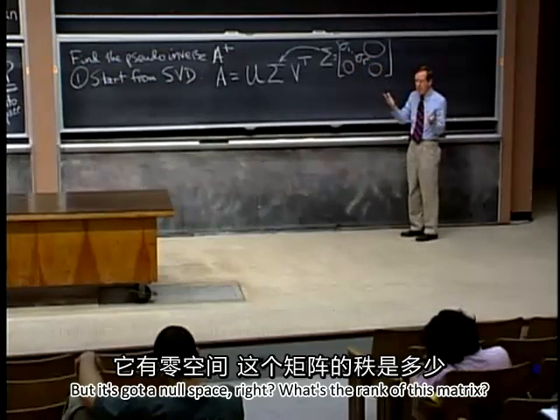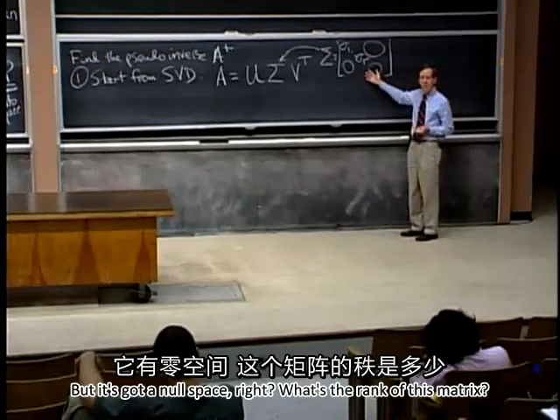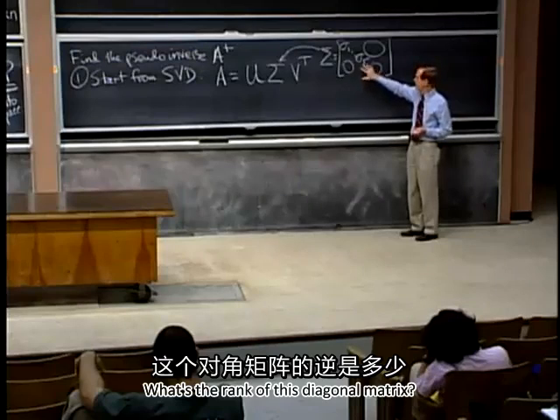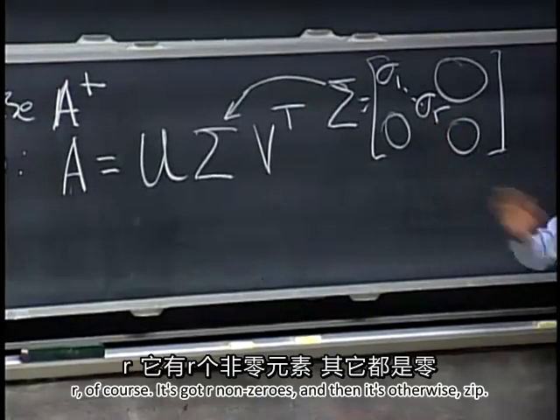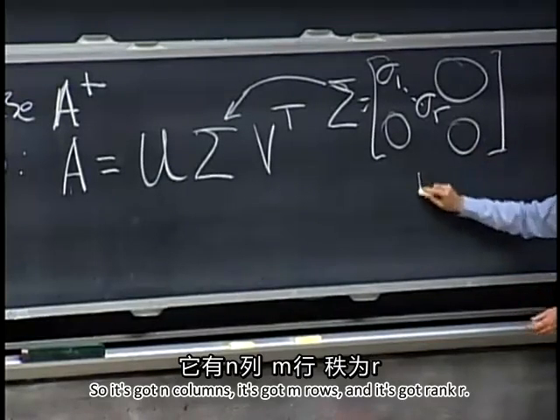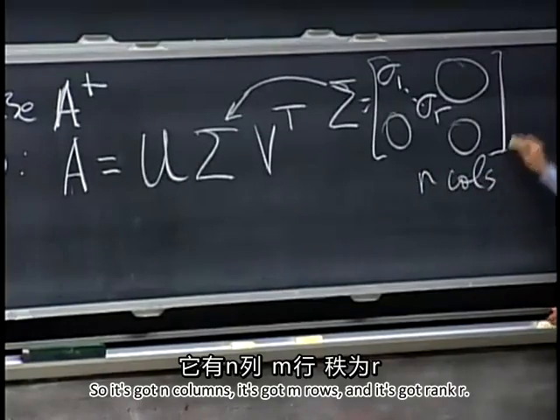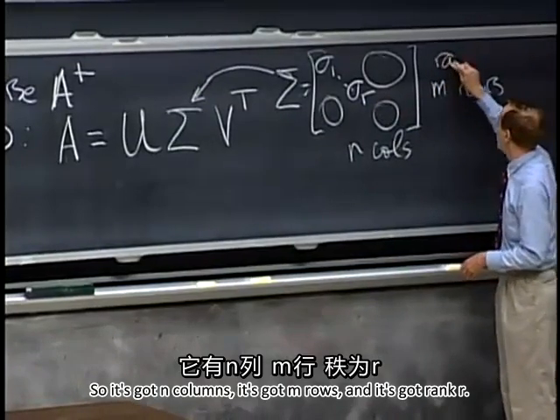But it's got a null space, right? What's the rank of this matrix? What's the rank of this diagonal matrix? r, of course. It's got r non-zeros, and then it's otherwise zip. So it's got n columns, it's got m rows, and it's got rank r.